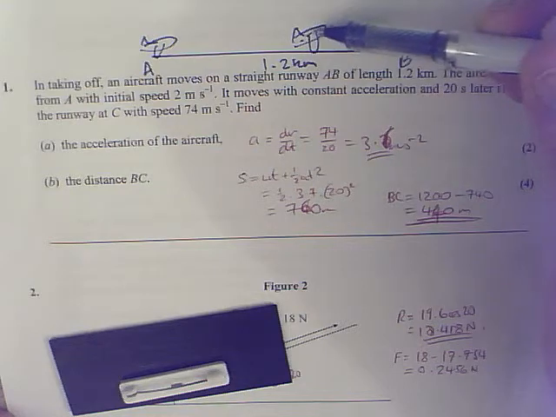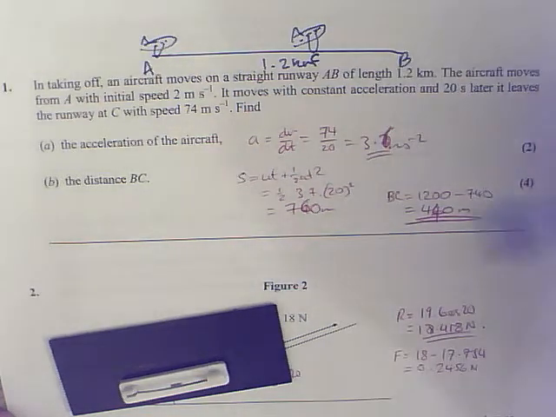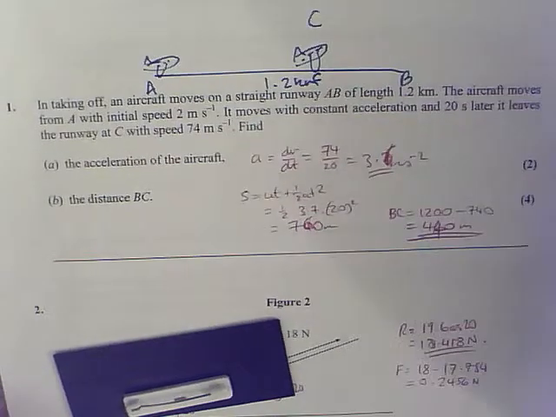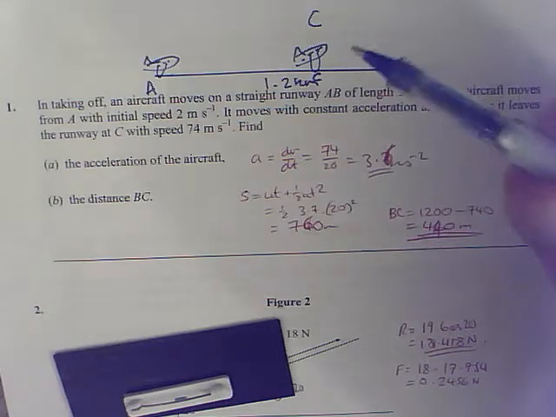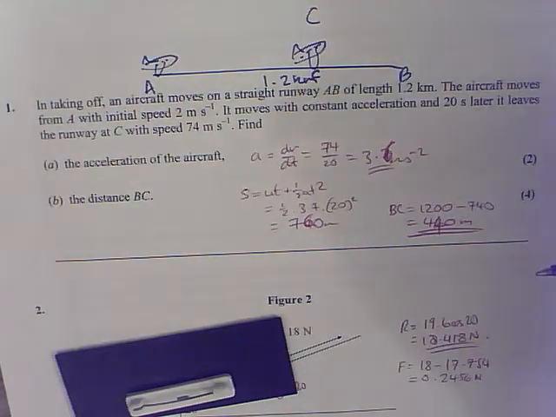Now it takes off before the end of the runway. I suppose you have to think about logistically what's going to happen there. It takes off at point C, not B. Which means that C is not the full length of the runway, and that poses a certain difficulty at the end of the question, which I'll come back to.